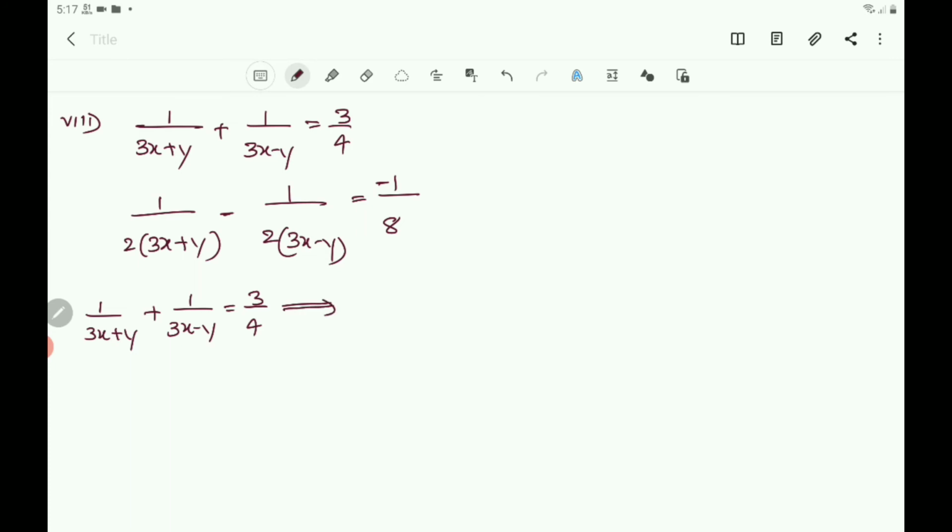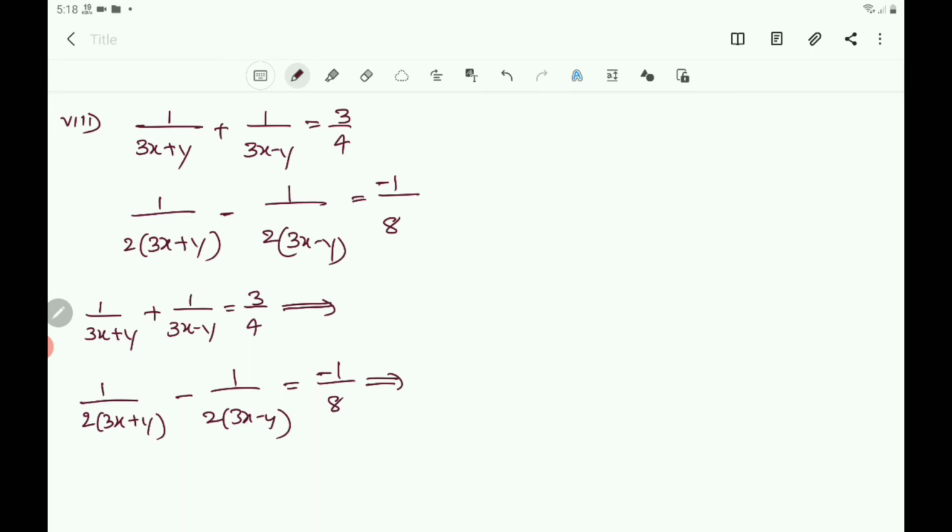That is nothing but 1 into 1 by (3x plus y) plus 1 into 1 by (3x minus y). Next you take the second one, that is 1 by 2 into (3x plus y) minus 1 by 2 into (3x minus y) equals negative 1 by 8.